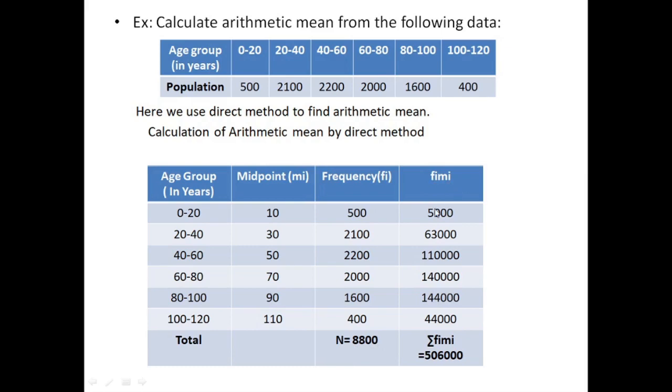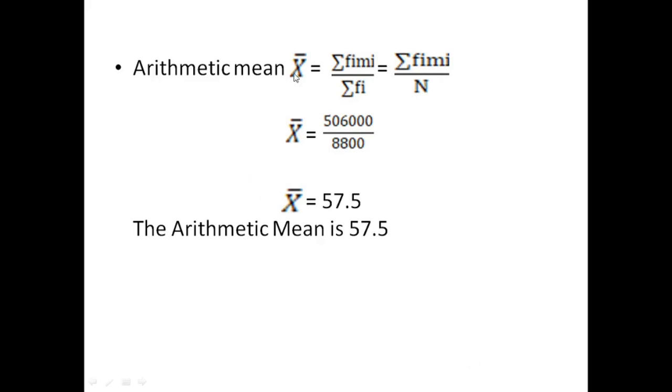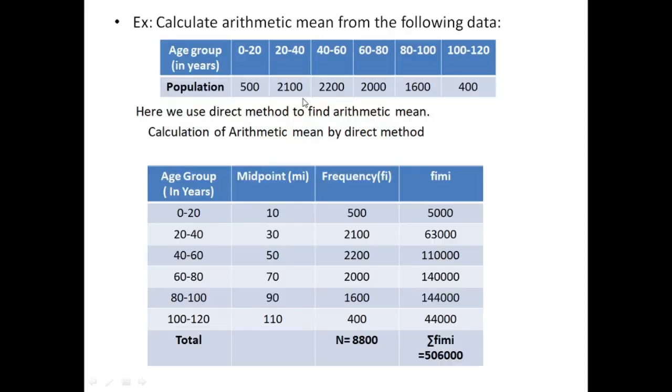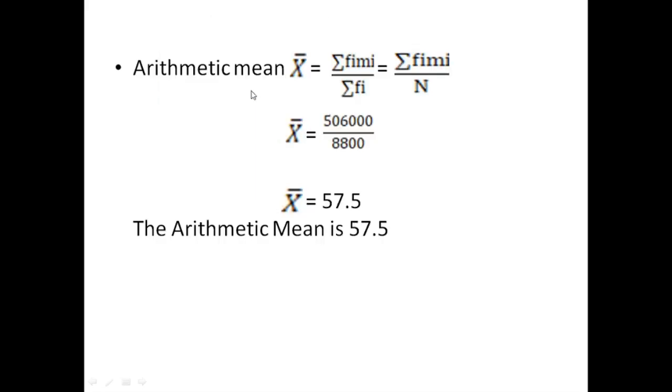And summation of fi mi means 5000 plus 63,000 and so on, which equals 506,000. Then the formula for arithmetic mean x bar for continuous classes is summation of fi mi divided by summation of fi, where summation of fi equals capital N.